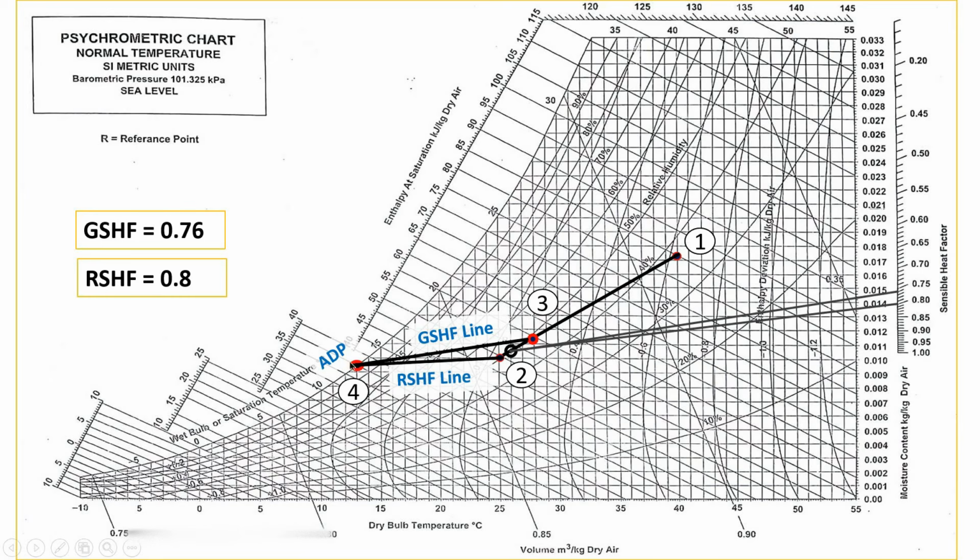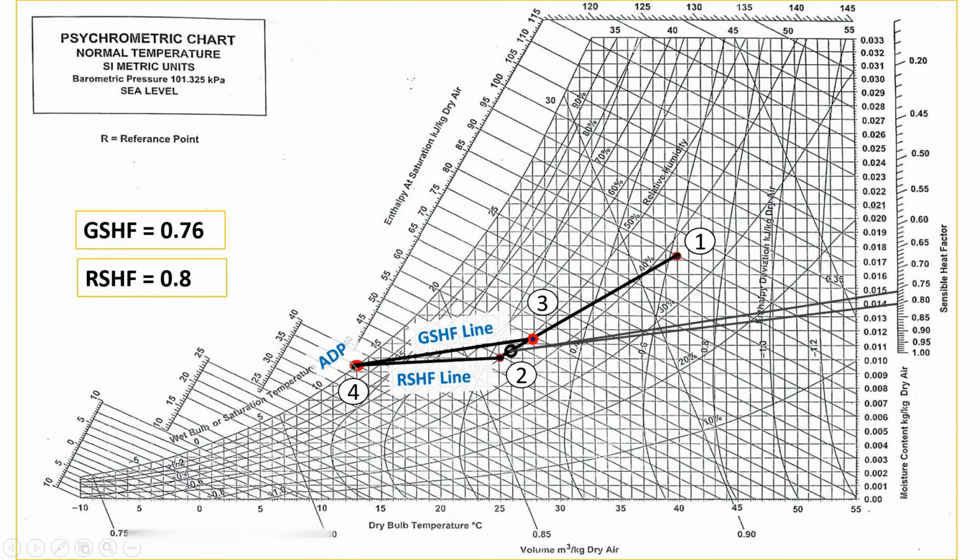So condition of air after passing over the cooling coil and apparatus dew point temperature it is same. So here effective room sensible heat factor line and room sensible heat factor line are coinciding, and temperature of air after passing over the cooling coil it is same as cooling coil temperature.